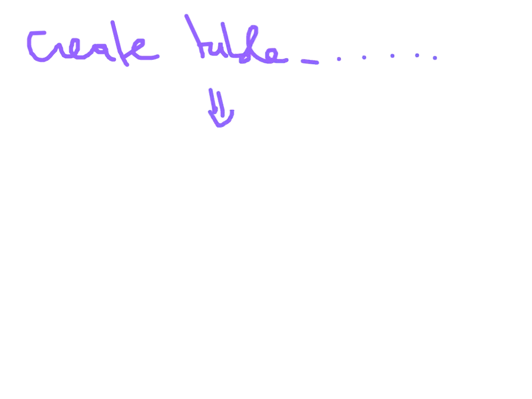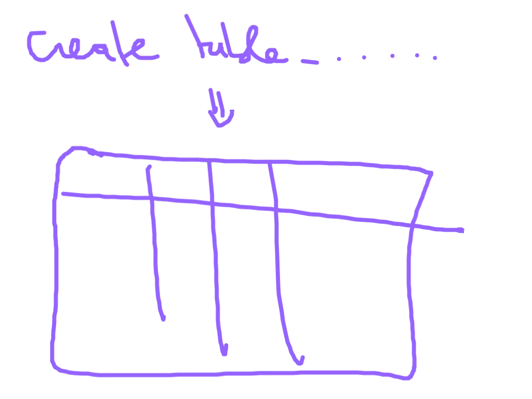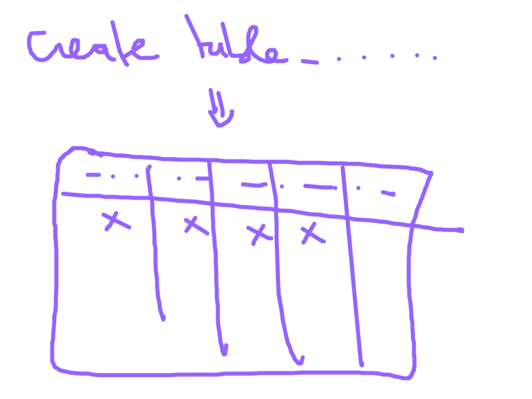So in SQL, when we write create table, the result will be a table like this with columns. The columns are the different attributes, and the rows are the different tuples. After that, we will insert tuples as rows in this table.